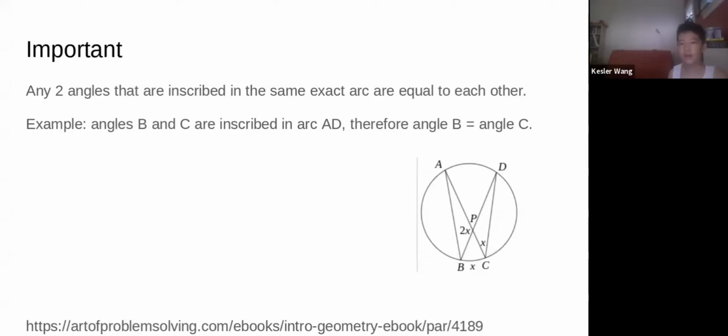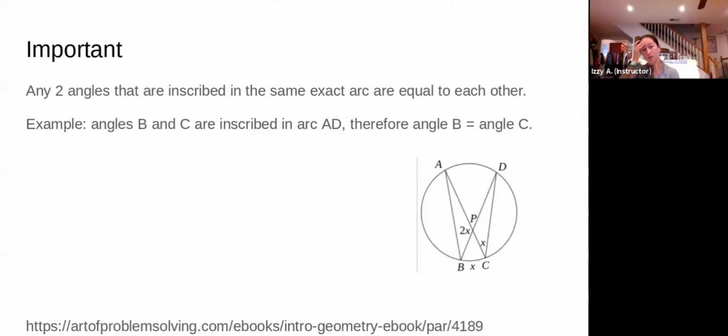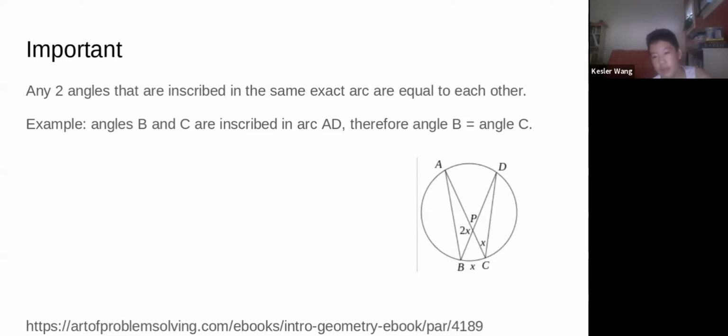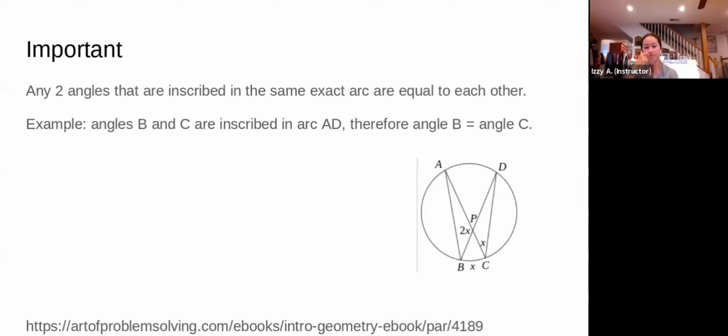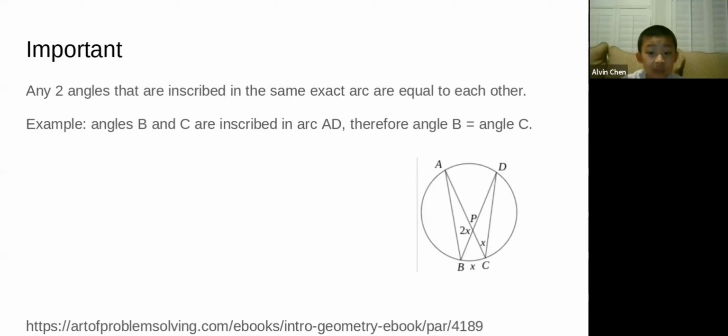Can I also say that if you look closely, triangle ABP and CPD are symmetrical? Yeah, they would be because you're dealing with the same angles, and they all share one same point, P. I would also say ABP is congruent to DPC.